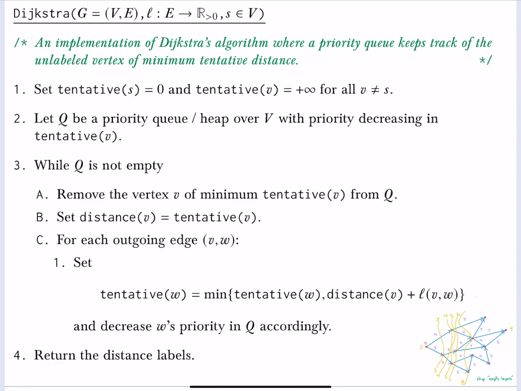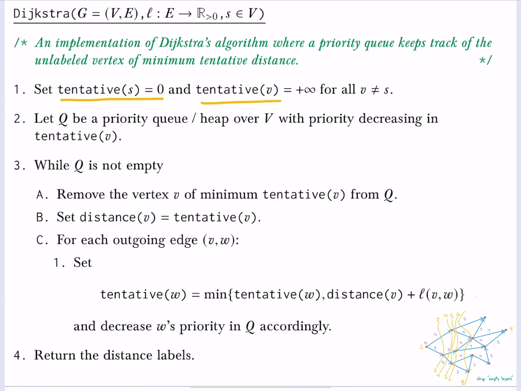Here I've redone this so-called Dijkstra's algorithm, the shortest path algorithm, based on this notion of tentative distance. Initially I already know that I can go from S to S with total distance 0, so the tentative distance to S is 0.